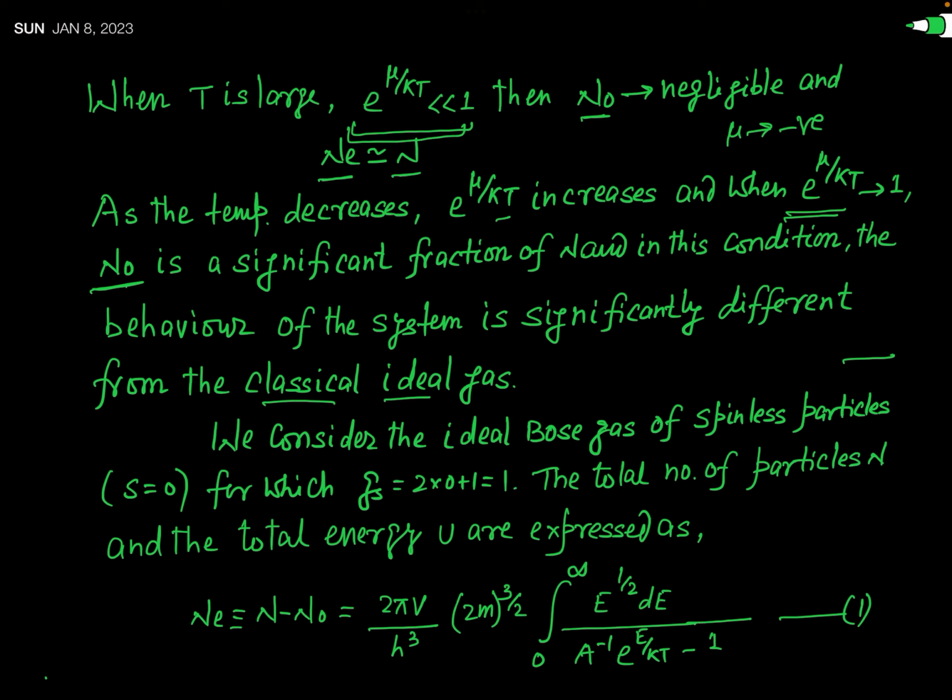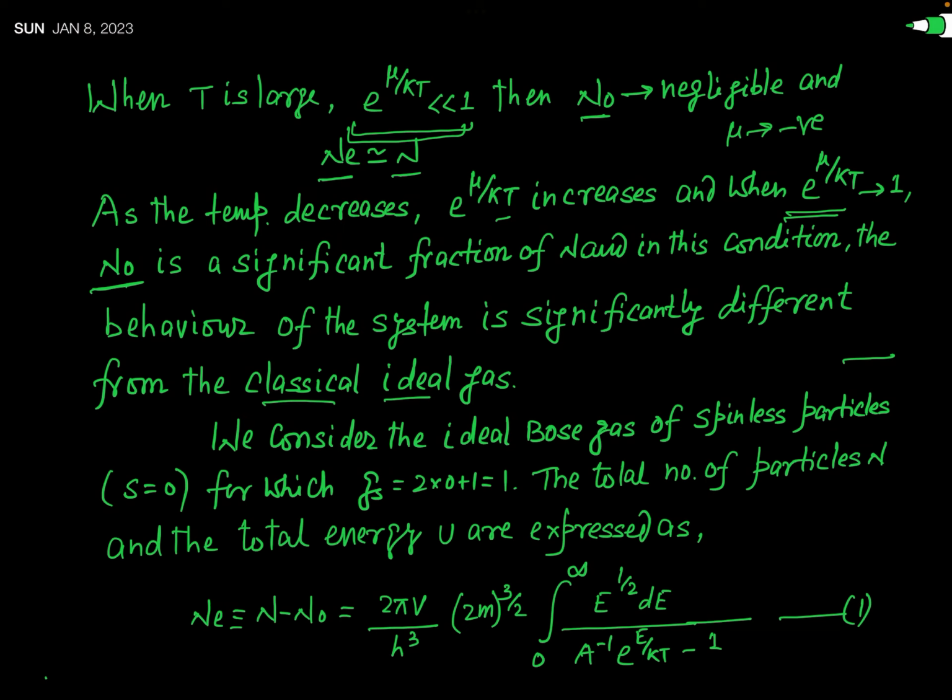At high temperature, when e to the power mu by kT is much smaller than 1, almost all particles are in the excited state, and you will see later on that this ideal Bose gas will behave just like a Boltzmann gas.